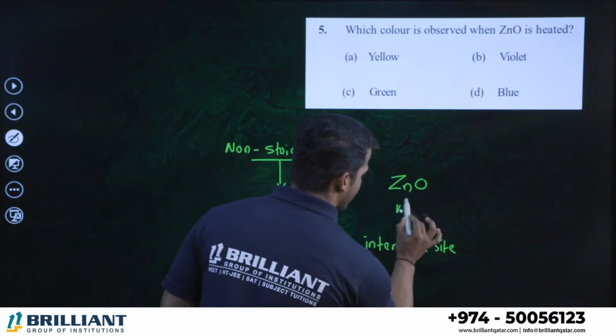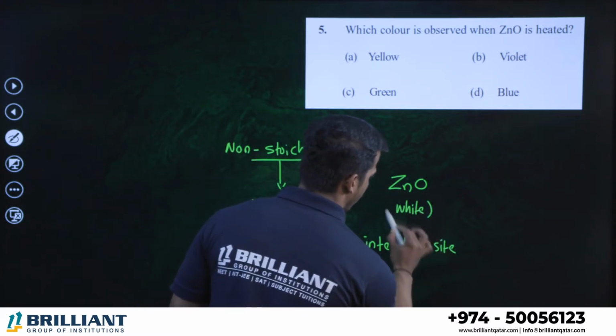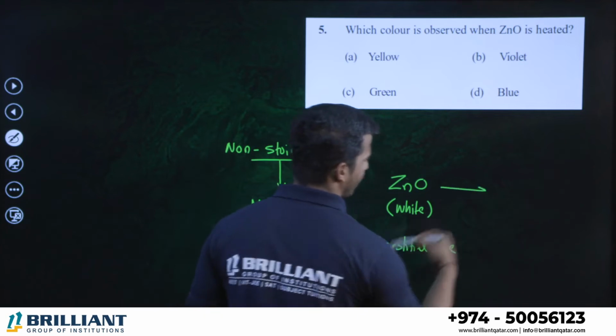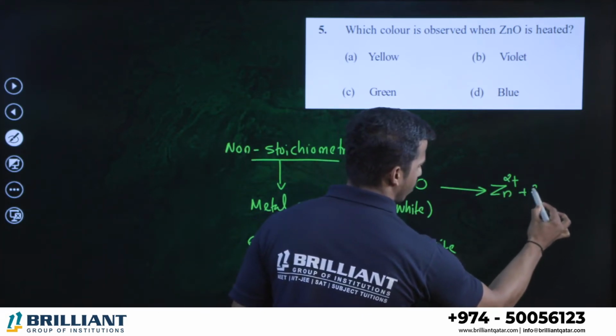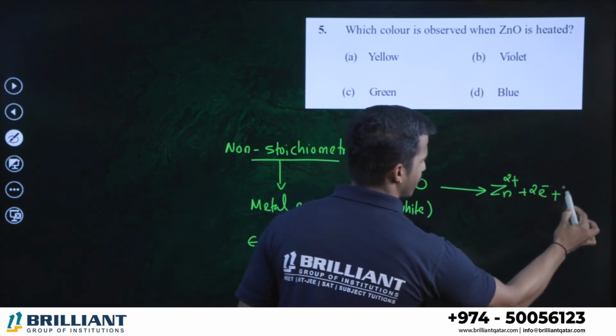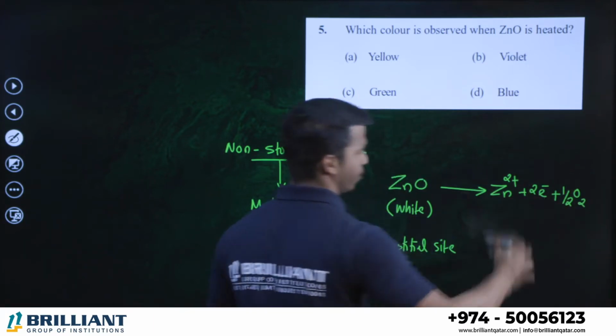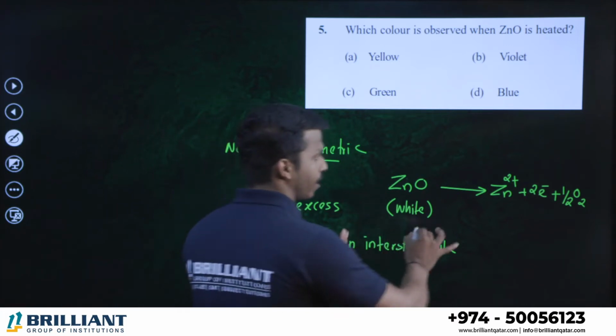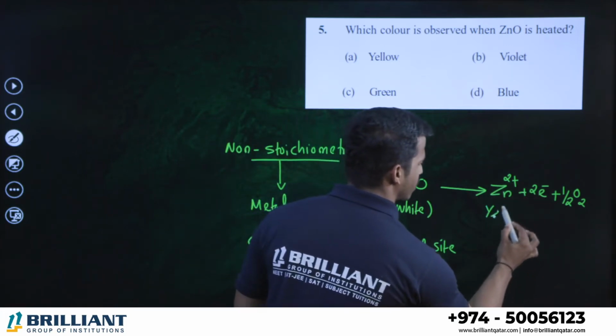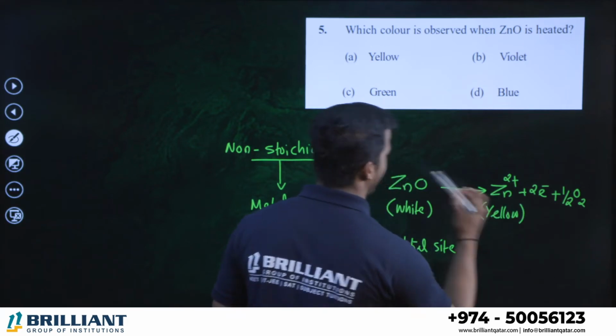Zinc oxide is a white colored crystal. When you heat it, zinc is converted to Zn2 plus by losing 2 electrons, and the oxygen exists as half O2. The zinc oxide is white, but when it changes to Zn2 plus, you may study that it has yellow color, right, dear student?